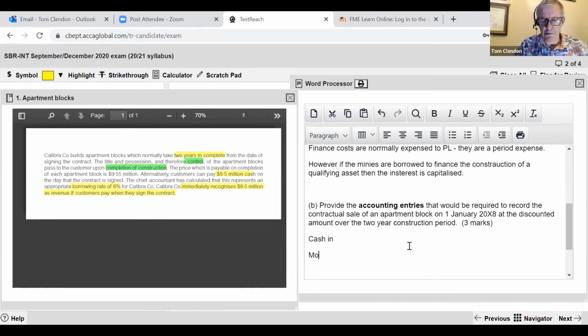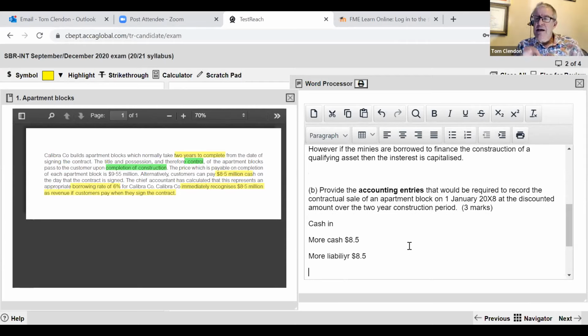So we've got more cash by 8.5, and we've got more liability, and that liability is 8.5. Because we've got a liability, because we've received the money 2 years before we're going to sell it.